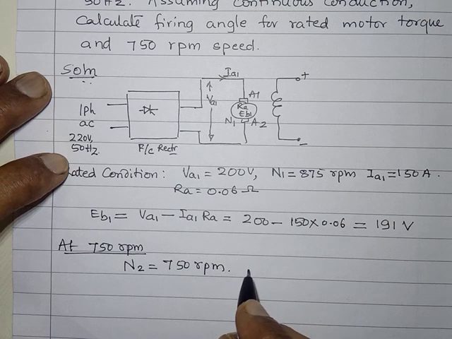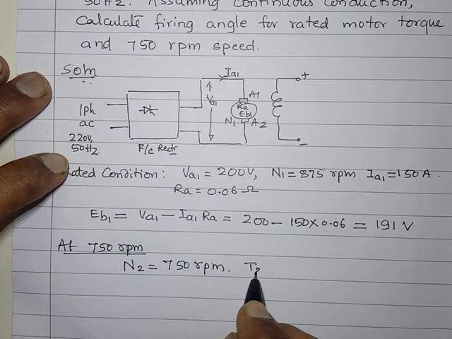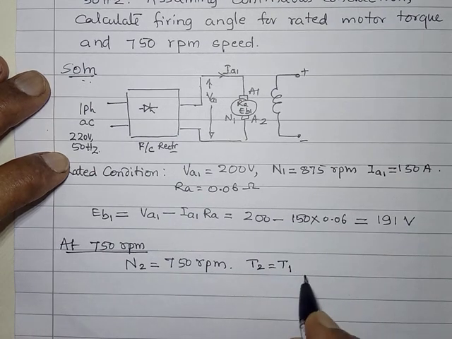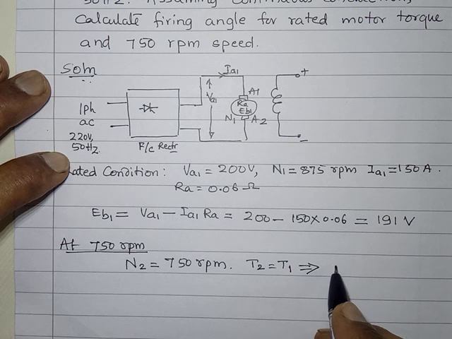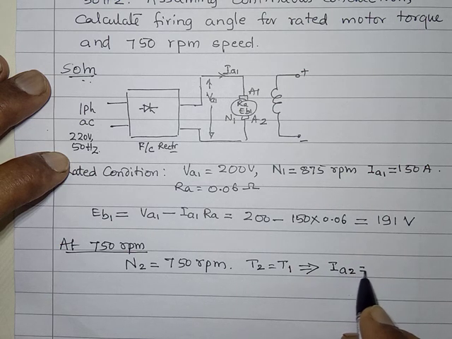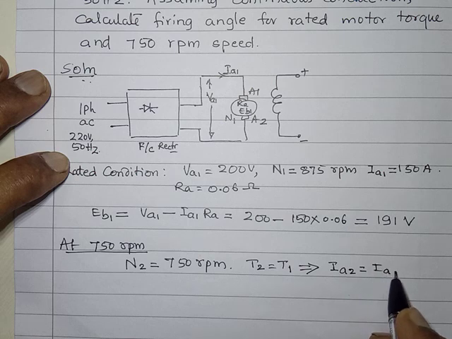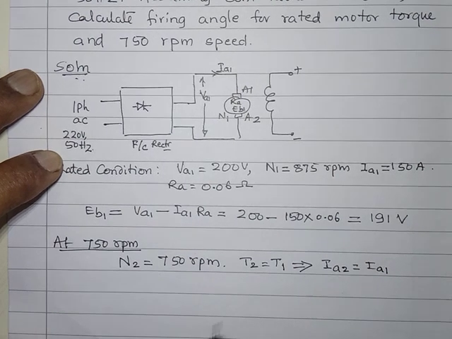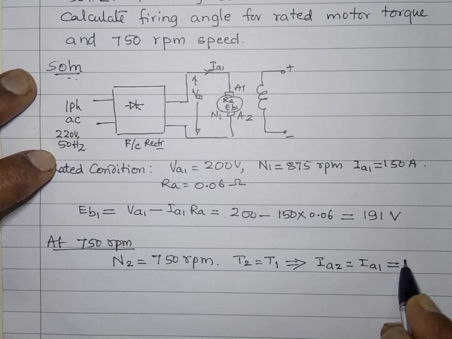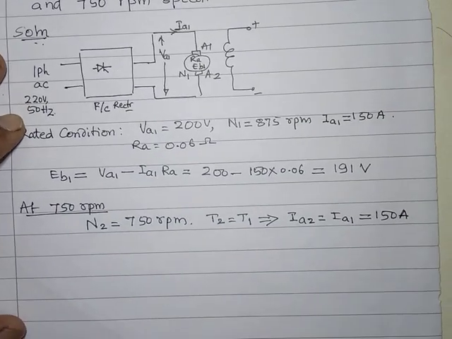And in the second condition, the torque is the same as the torque during the rated condition. This means, and that's very important, the current corresponding to the second condition is the same as the current corresponding to the first condition, which automatically gives me the value 150 amperes.